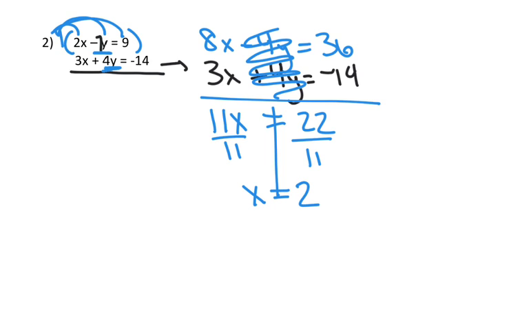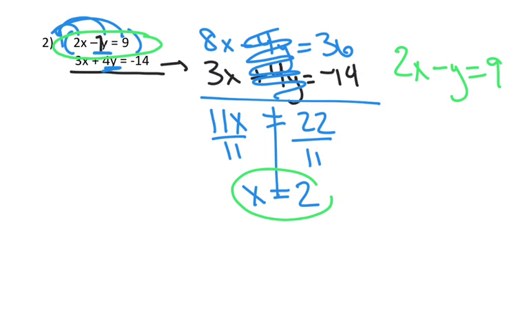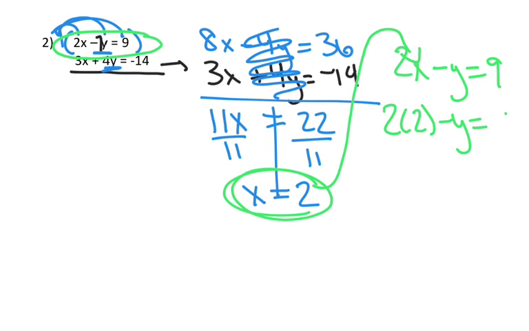Now, we're going to go back and pick an equation. It doesn't matter which one you pick. Pick what looks the easiest to you. I'm going to pick this top one, which was 2x minus y equals 9. You're going to substitute in whatever you solved for. I solved for x, so I'm going to fill that in where the x is. So 2 times 2 minus y equals 9.